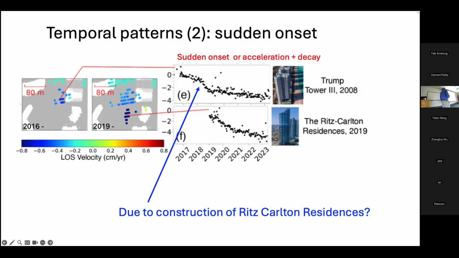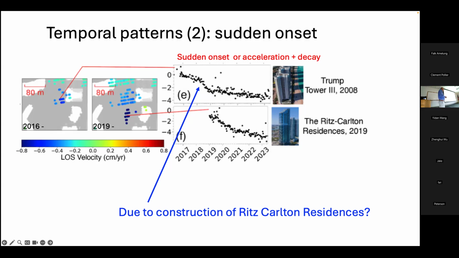Then we have, as I showed before, some places where there was slow subsidence going on, and then we have some acceleration. This is for the Trump Tower 3, and next to it, these pixels belong, if it's geo-corrected, on the structure. Next to it, the Ritz-Carlton was constructed.